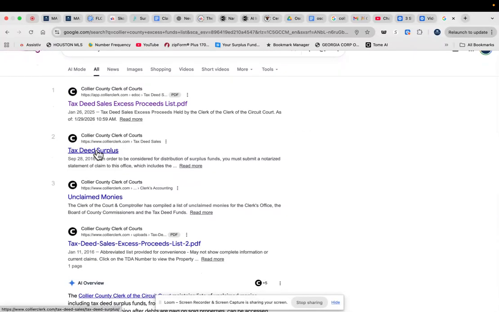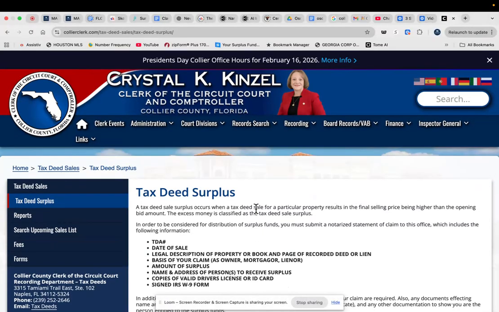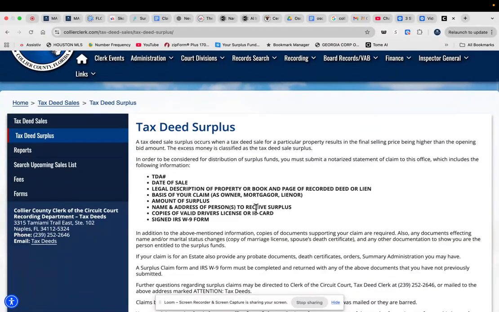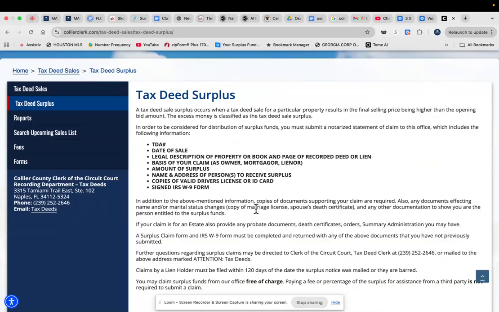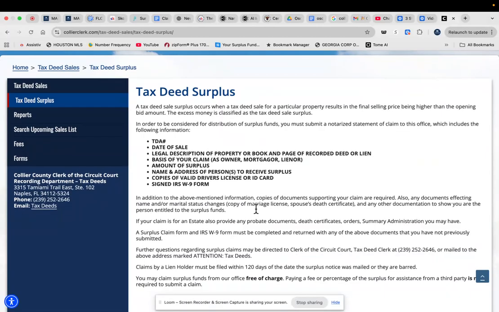So I'm going to go right here because it looks like it says tax deed surplus and it says you must submit a notarized statement. So I'm going to go here and let's see if they're going to give us some information. So in addition, documents supporting your claim are required, and so on. You're the person entitled to the surplus funds.